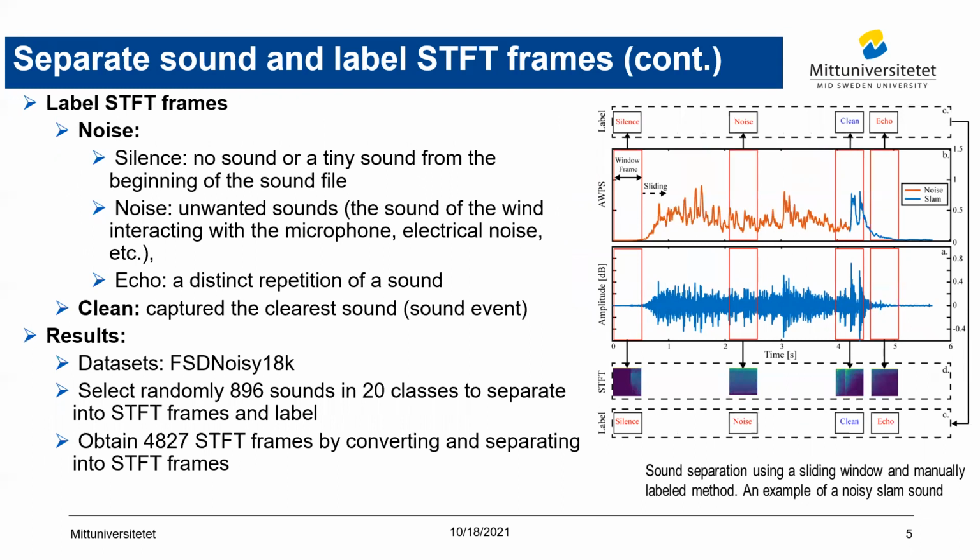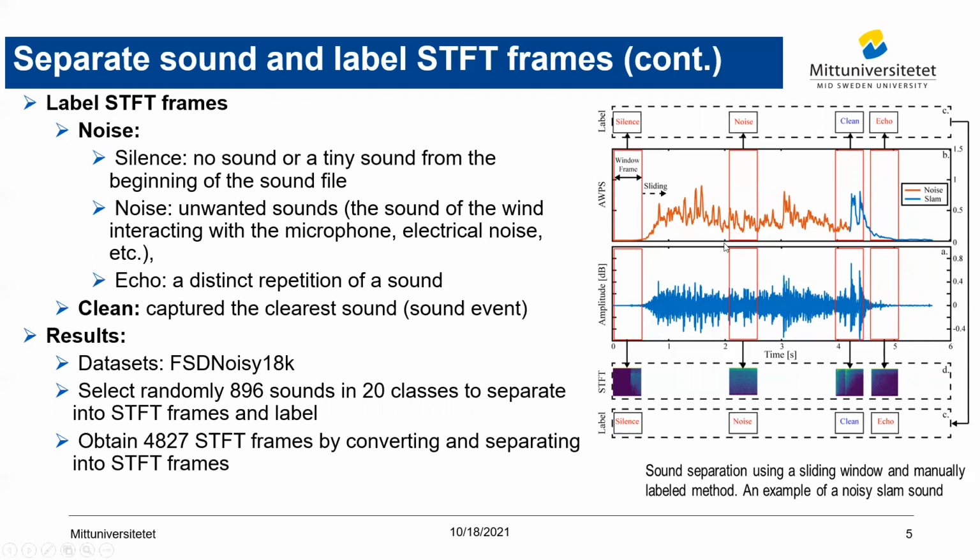Therefore, four types of frame may appear in the sound, including silent, clean, noise, and echo. For example, we analyze a slamming sound because the sound contains four types of frame, as shown in the figure. Figure A visualizes the amplitude of the sound along the time axis.